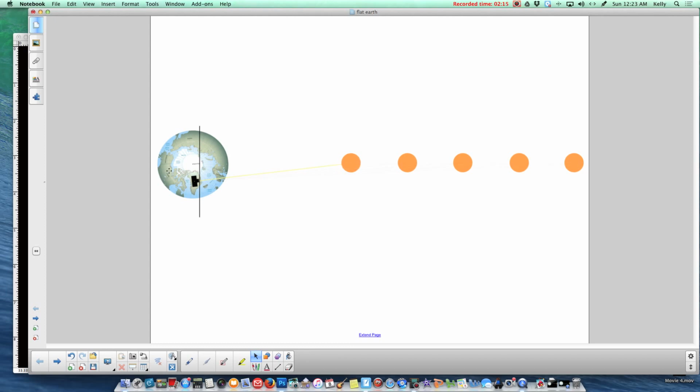This is where I had the sun when I made the original animation, and as you can see, the camera is pointing almost vertical even at this distance. We can see that there's almost a perpendicular 90-degree angle there. And as the sun gets farther and farther away, the camera would have to straighten up more and more to see the sun.